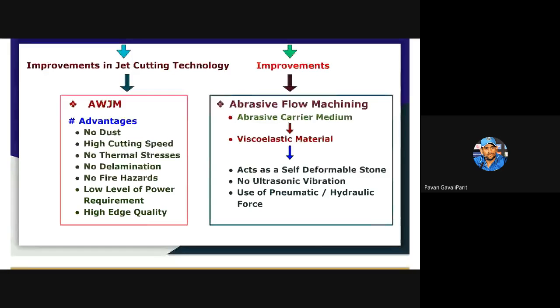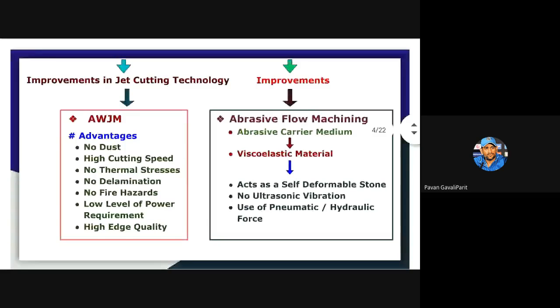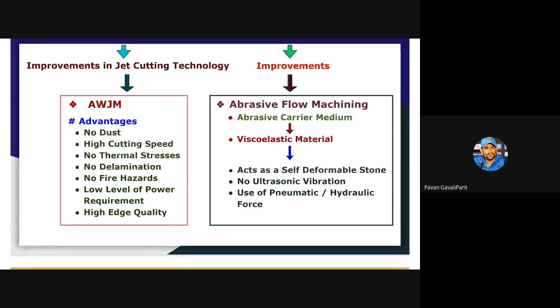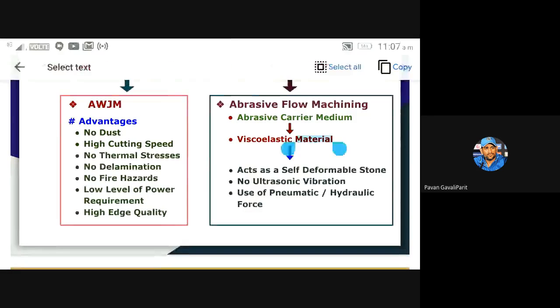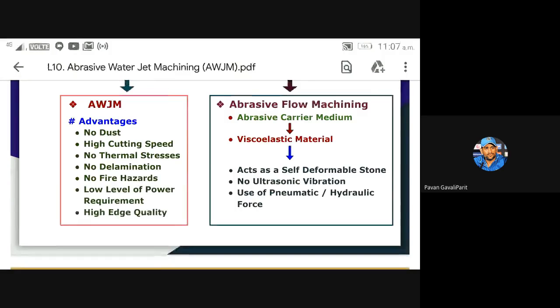Abrasive flow machining, or abrasive flow finishing process. In this process, viscoelastic material is used as a carrier medium, and this viscoelastic material will act as a self-deformable stone. I am going to discuss this process later on.